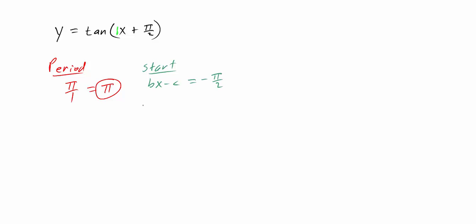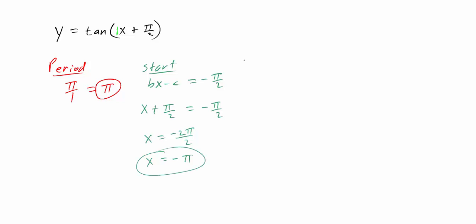So in this case, we would have x plus pi over 2, set that equal to a negative pi over 2. And if we solve for x, we're going to subtract the pi over 2 over here. So negative pi over 2 minus pi over 2, we would end up with a negative 2 pi over 2, or we would simply have a negative pi.